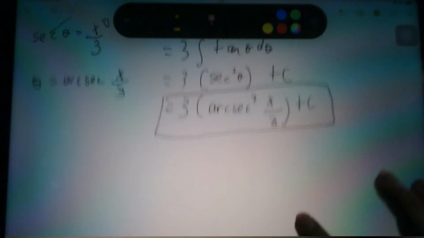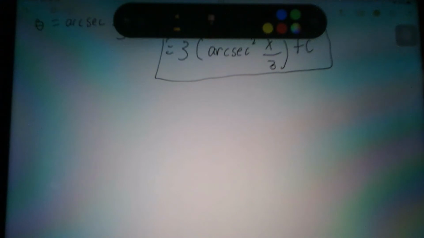Now we move on to another integration technique, which is using partial fraction.